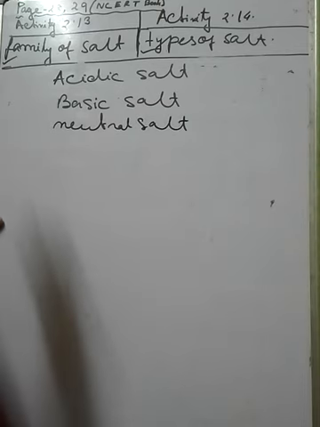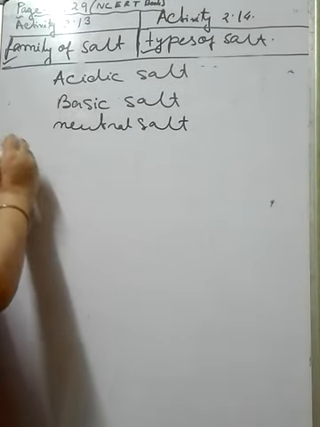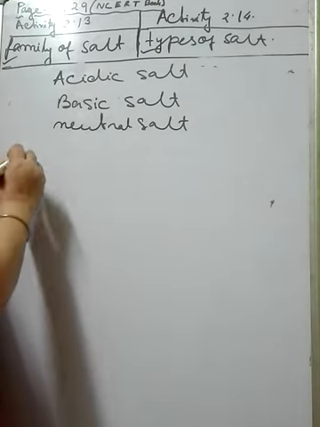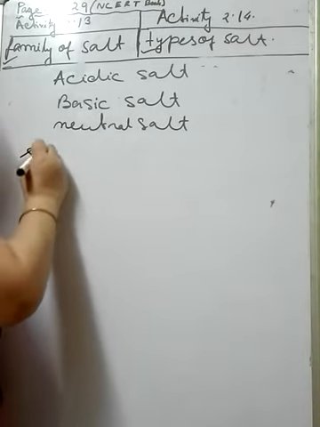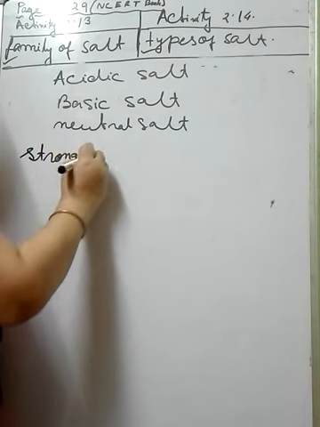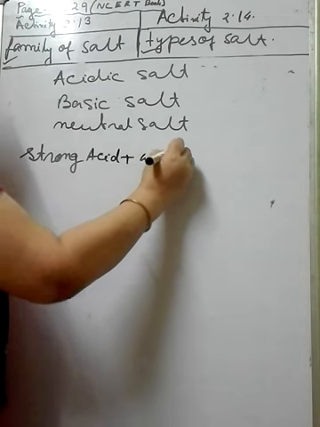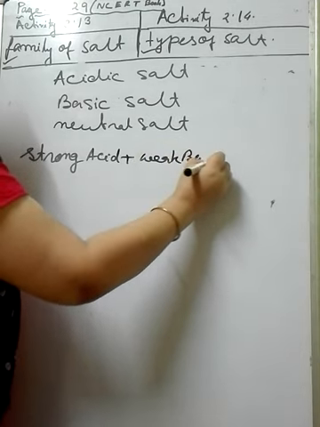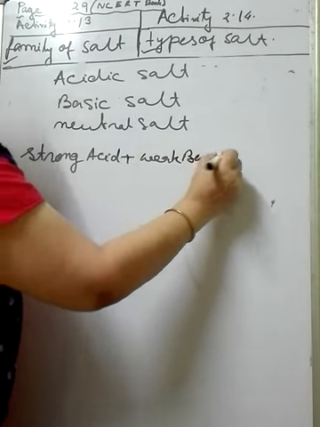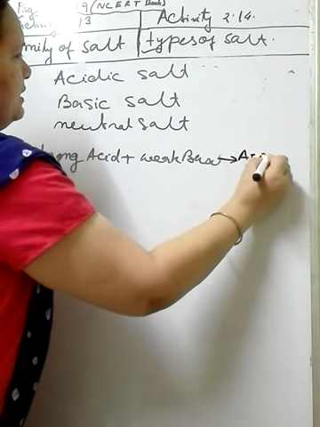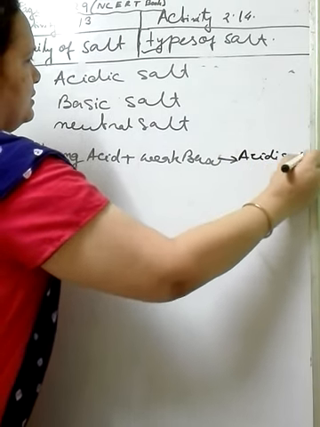Now, what is acidic salt? All of you know that acid and base combine to form salt and water. If a strong acid combines with a weak base, we get a salt which is acidic in nature. So that is acidic salt, plus water.